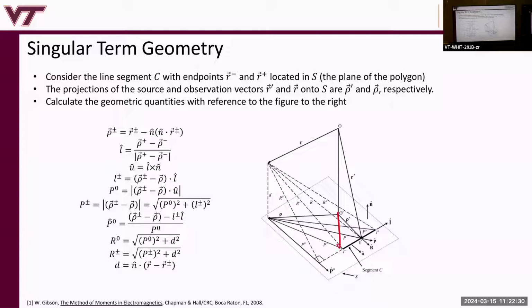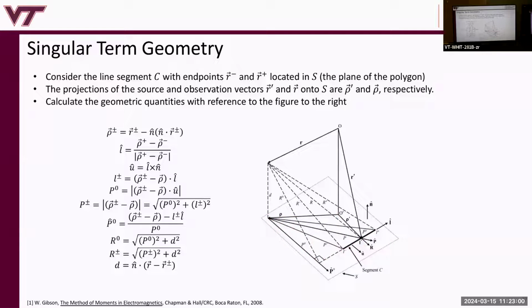Rho minus minus rho, here's rho. If you subtract those two, you get this vector here. And you take the dot of that with the u unit vector, which means now we want this component, right? Instead of the previous calculation, which was this component of this vector. So that gives you P0, the distance from the observation point in the plane of the triangle to this kind of origin where we're measuring L from.